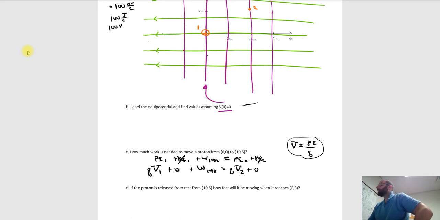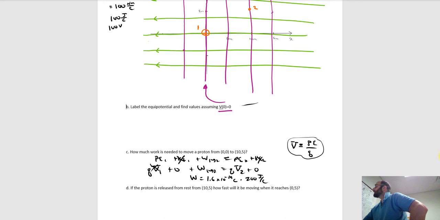And the value for potential 1 is 0. Remember, we're sitting here, and this was defined to have a potential of 0, so this term is gone. So the work from 1 to 2 is going to equal, mathematically, let's put in some numbers. The charge of a proton, 1.6 times 10 to the minus 19th coulombs, times the value of potential 2, which was 200 joules per coulomb.